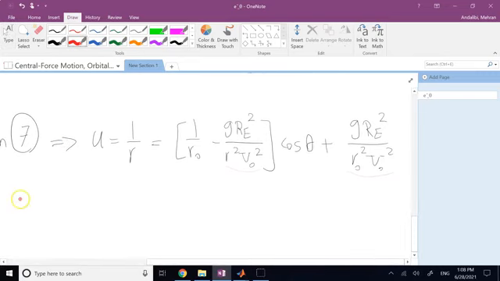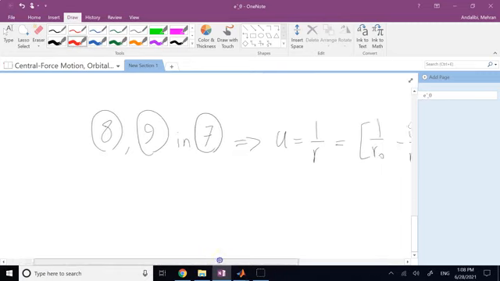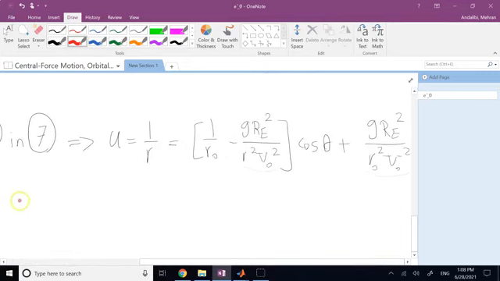So I will define a new term. We call it epsilon, or eccentricity.